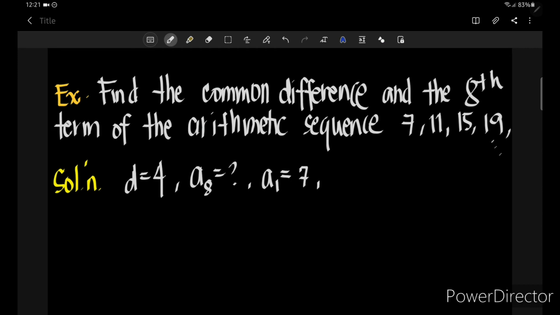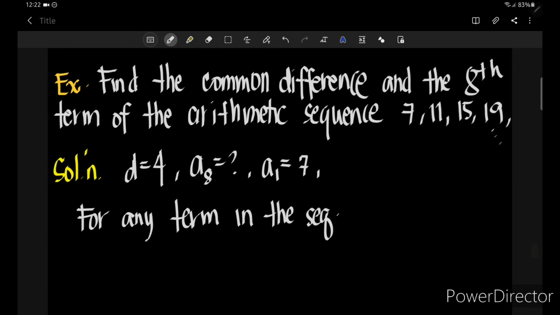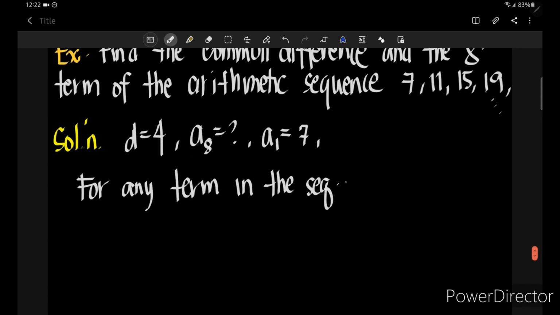Okay? So, lagyan lang natin ng formal solution. So, for any value or for any term in the sequence, so let's say 11, subtract lang tayo, no?